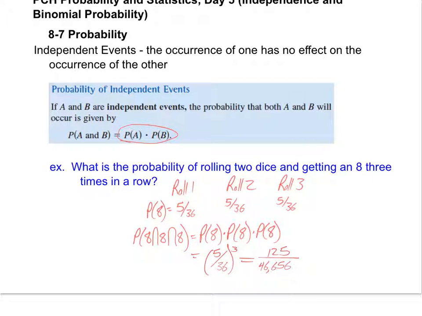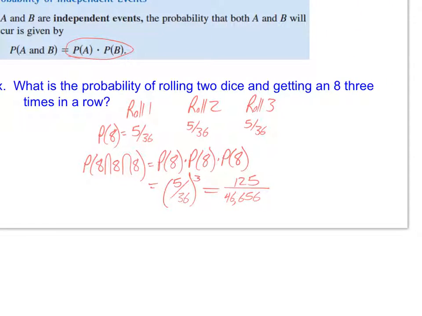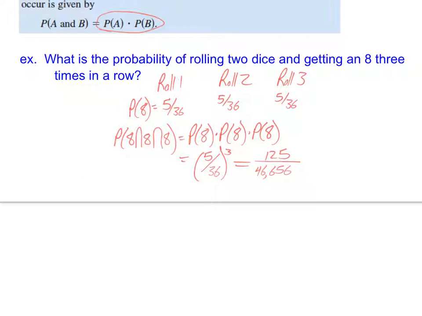Is that what you guys got? Do we need to use one minuses? Not in this case, because here they're just asking us for getting an 8 3 times in a row.